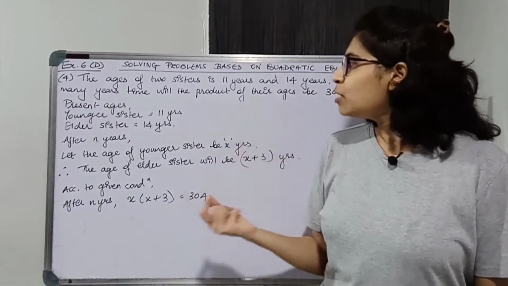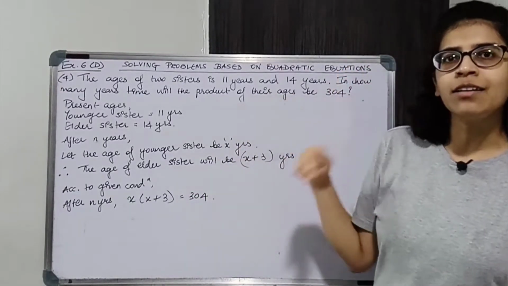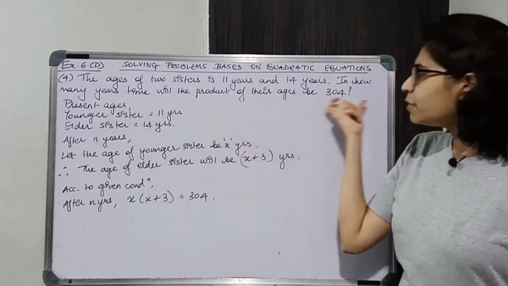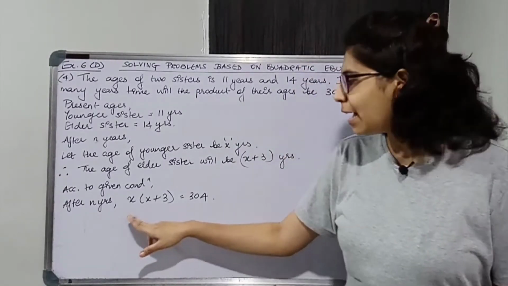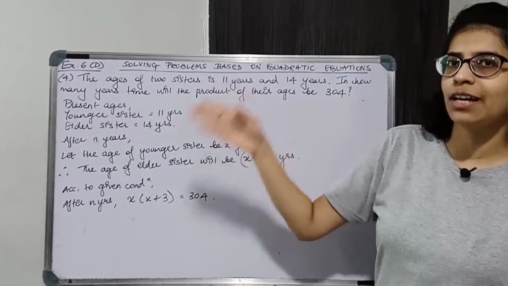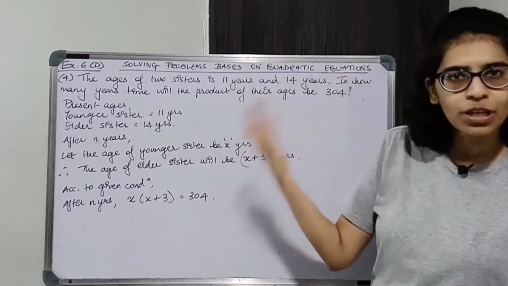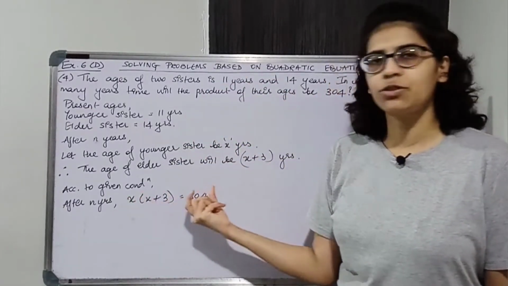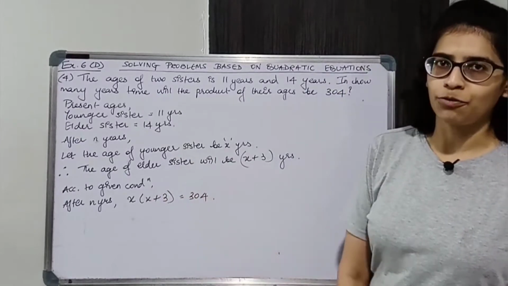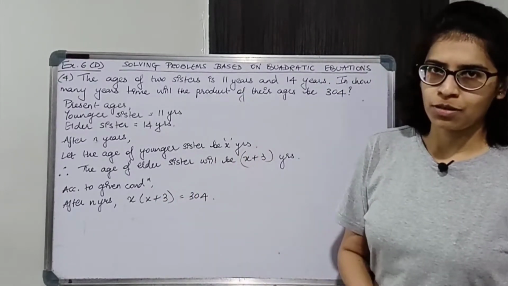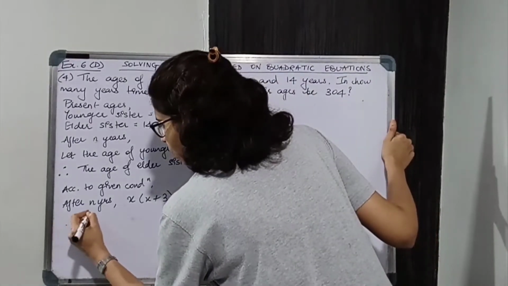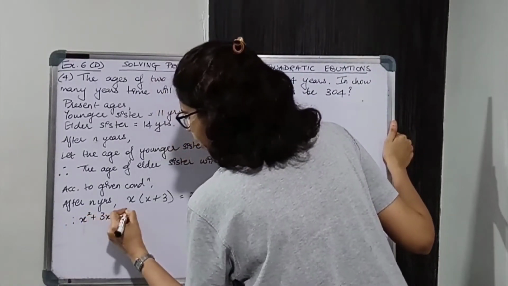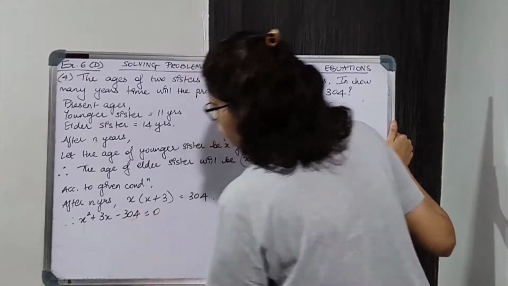Now coming to the condition part, after n years, the product of their ages is 304. So after n years, x into x plus 3, their ages are x and x plus 3. What is the age? We don't know. So x and x plus 3, the product is equal to 304. Now we need to solve this. So we'll get a quadratic equation. x square plus 3x minus 304 is equal to 0.